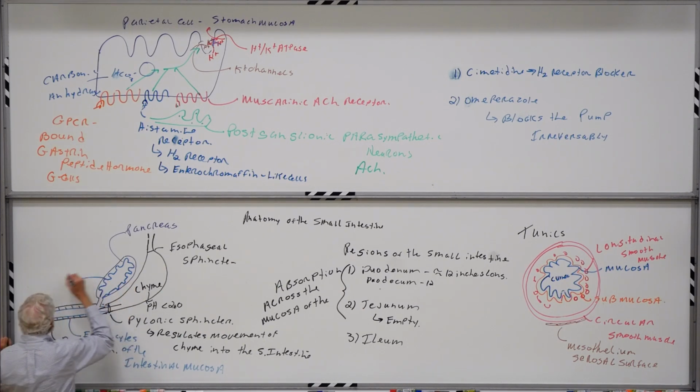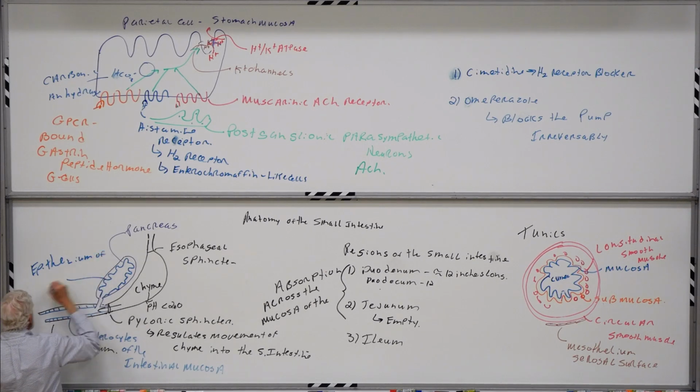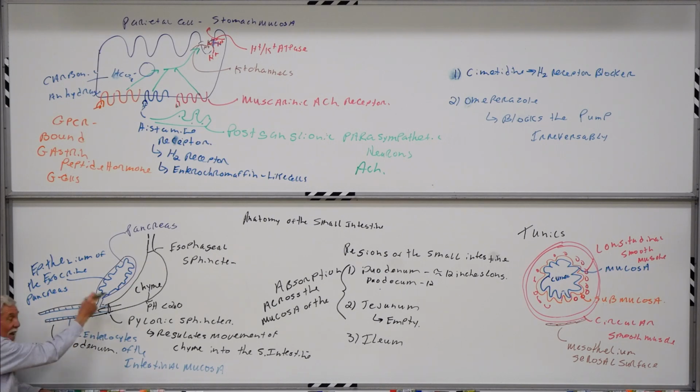So this is meant to be the epithelium of the exocrine pancreas. It's an exocrine gland, so if we were to stand on this epithelium, we could walk on a continuous epithelium through the duct, join the epithelium in the mucosa of the small intestine, and go to the outside world. So it's a proper epithelium.